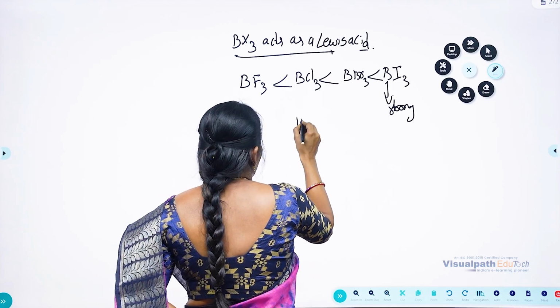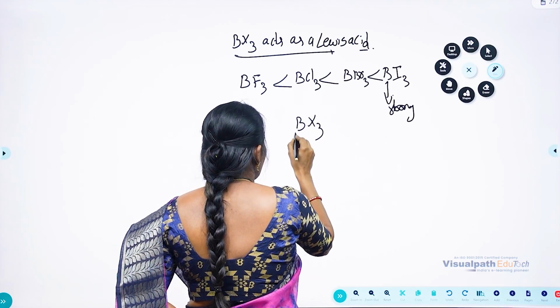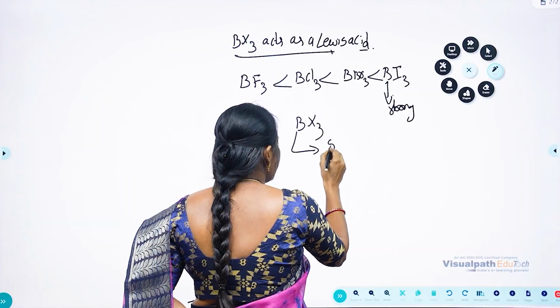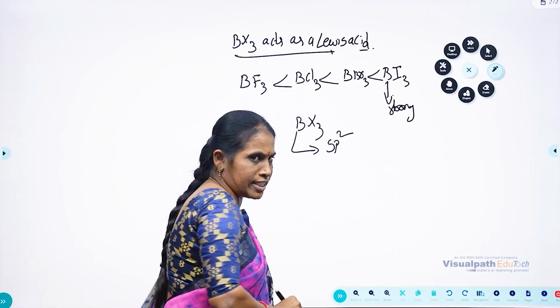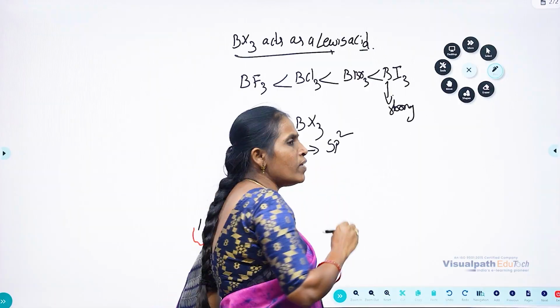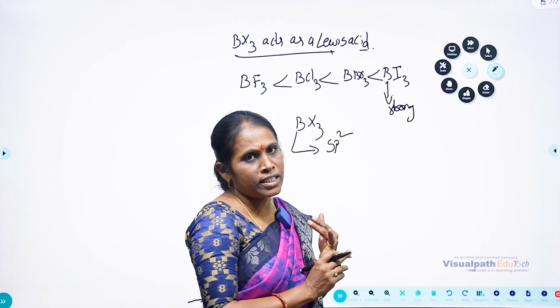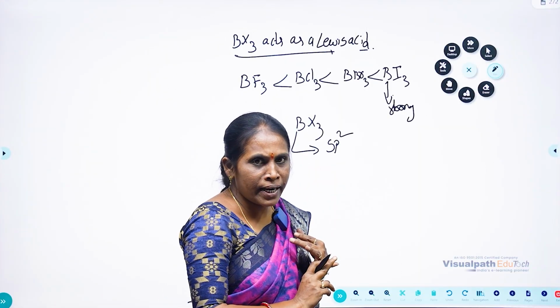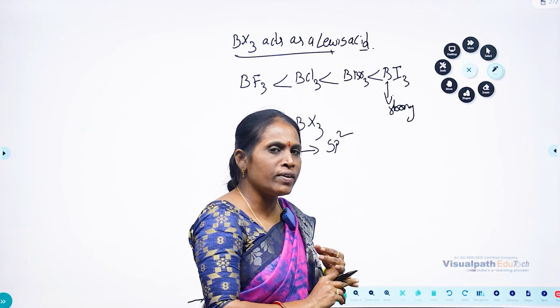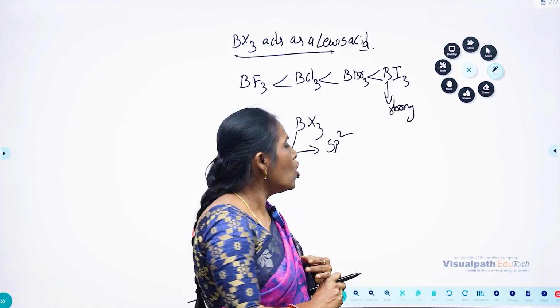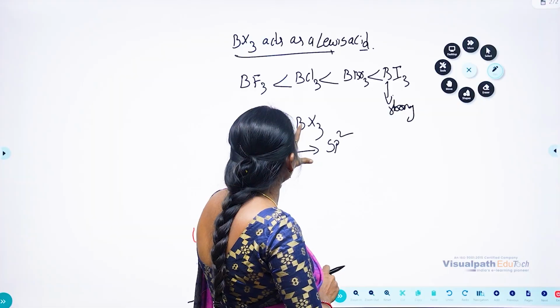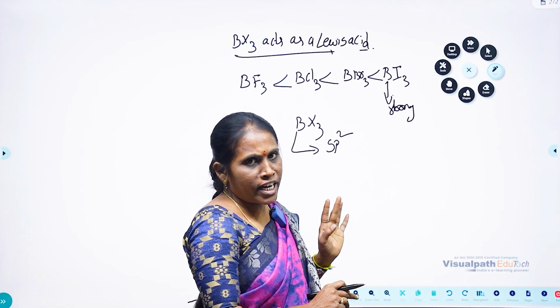In this BX3 molecule, boron shows sp2 hybridization, and we already know the two conditions, the incomplete octet and the empty p orbitals. Due to this it shows electron deficiency.